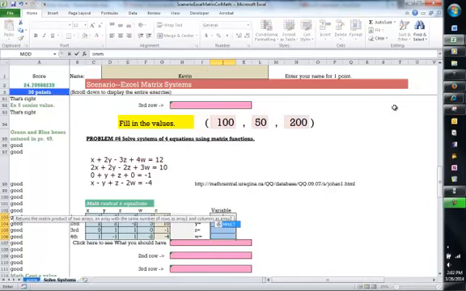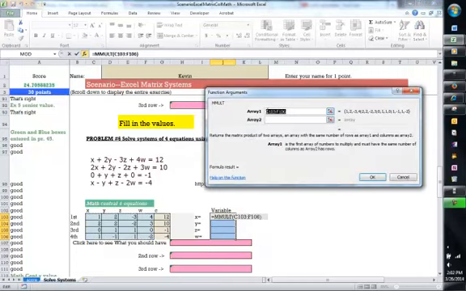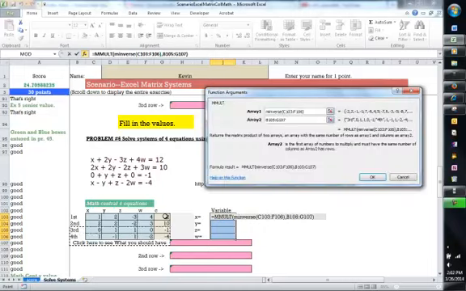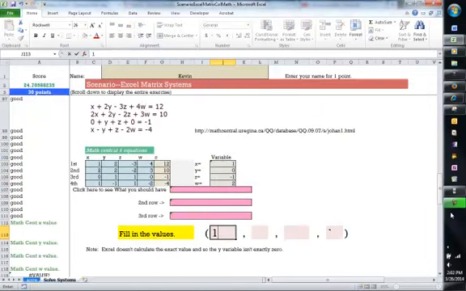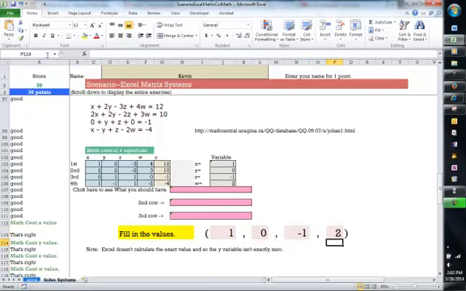Equals matrix multiplication of the inverse of our coefficient matrix, MINVERSE of our coefficient matrix, by our constant matrix. Control Shift Enter, and we get 1, 0, negative 1, and 2. And that's how you do this problem.